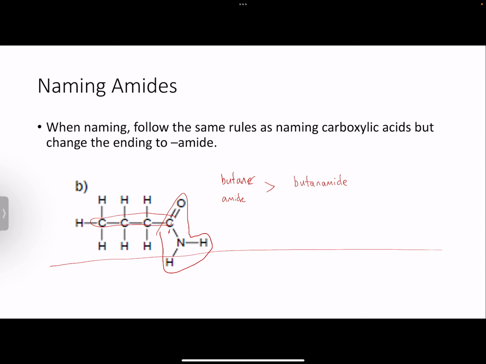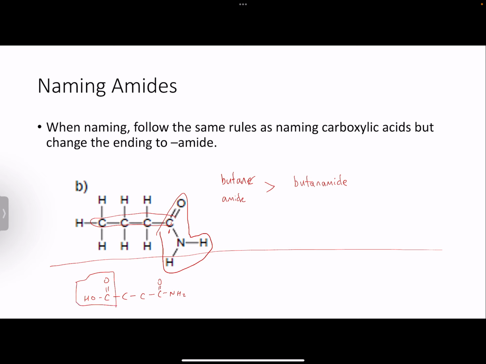If you're wondering what that would look like, if I had a molecule where I had an amide group on one end and a carboxylic group on the other end, well, now I've got something called an amino acid for those biology buffs and biochem purists. But to name it systematically, like we've been doing, the carboxyl group still gets priority.